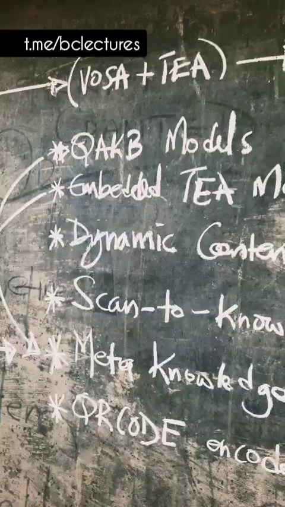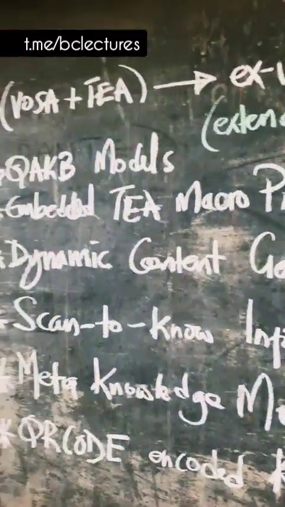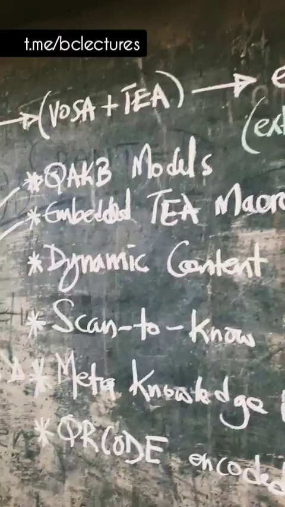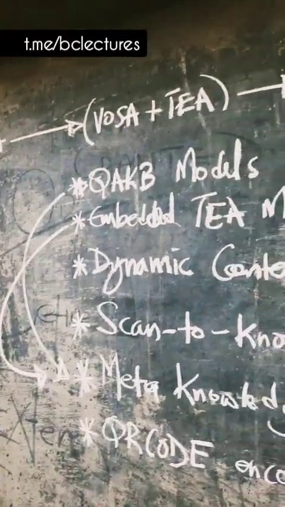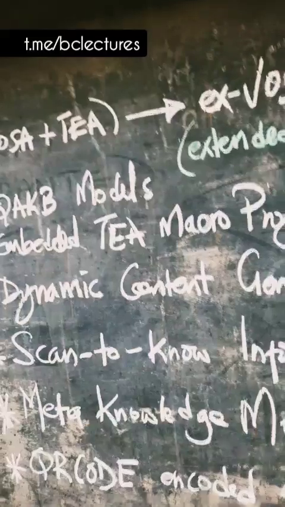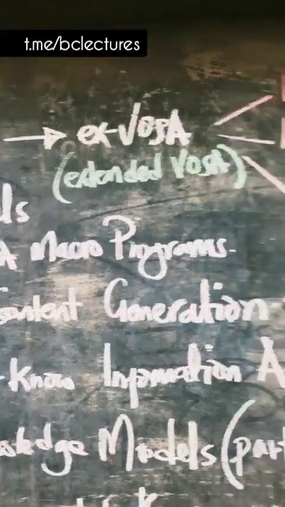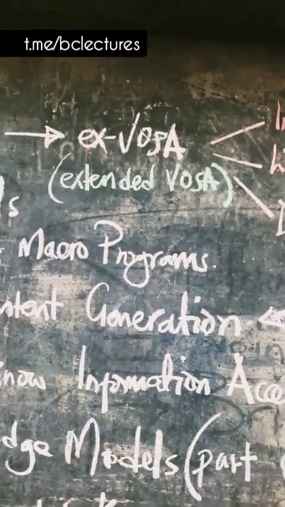Also, for example, we are looking at some creative things. Currently, we have some knowledge models that are meant to help VOSA assist people in maybe saying prayers, what we are calling prayer companion robots.